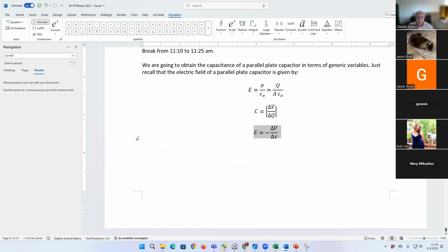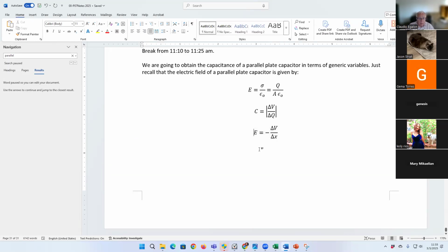For a uniform electric field, we can here write the above equation as delta V equal to E delta X, okay?